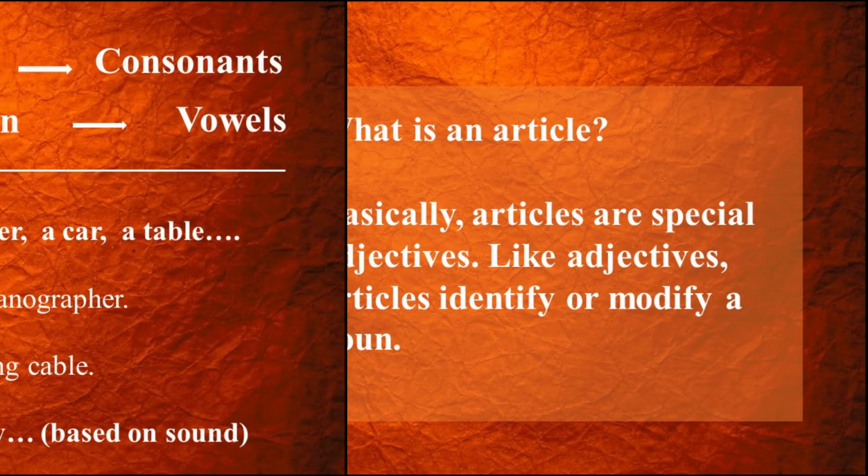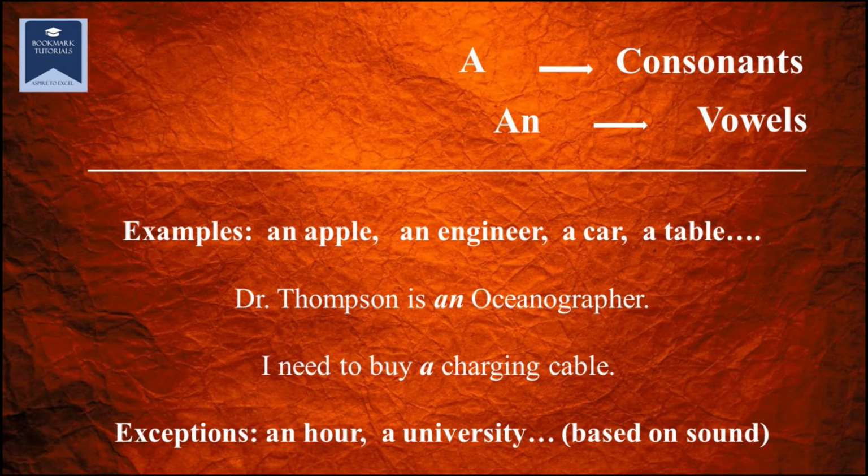Let's see what they do. The article a is used along with nouns which begin with consonant sounds. On the other hand, the article an is used along with nouns which begin with vowel sounds.